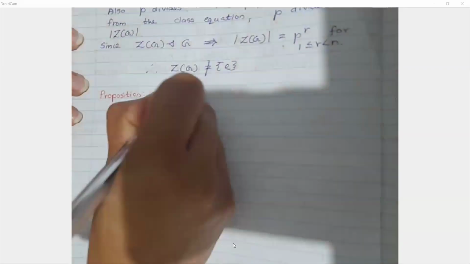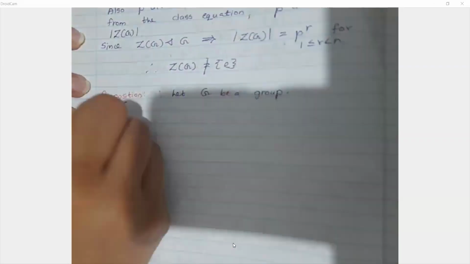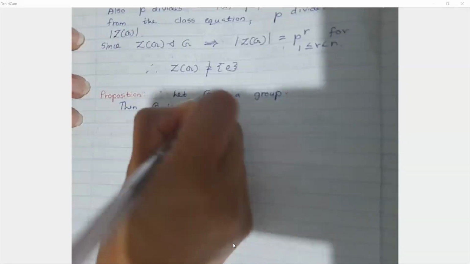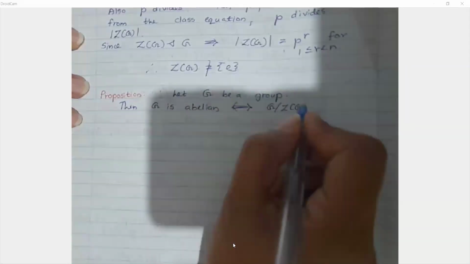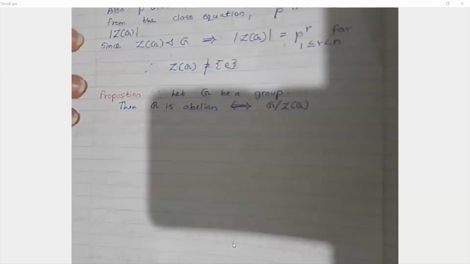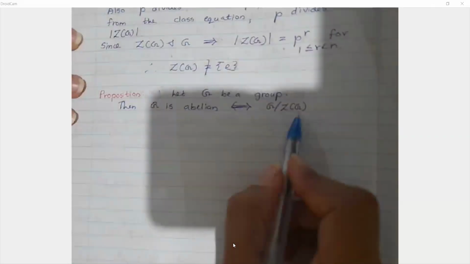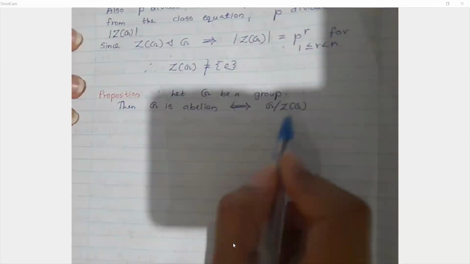Let G be a group. Then we say that G is abelian if and only if G over Z of G, the quotient group with respect to the center, is cyclic. Remember, the center of G is a normal subgroup of G, so this quotient is well defined.